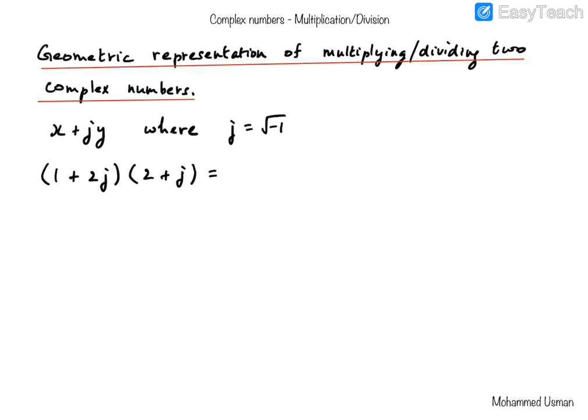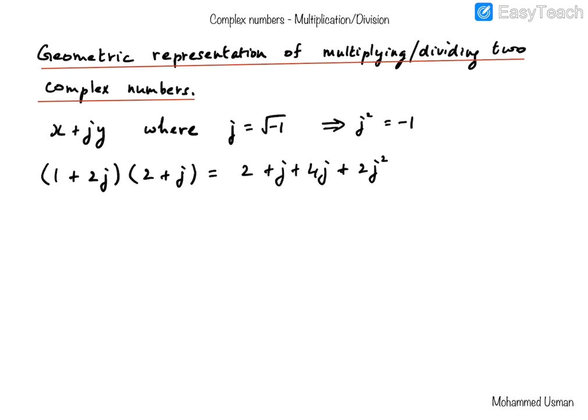So we get it as 2 plus 2j, j plus 4j plus 2j squared. So since j is square root of -1, it implies that j squared is equal to -1.